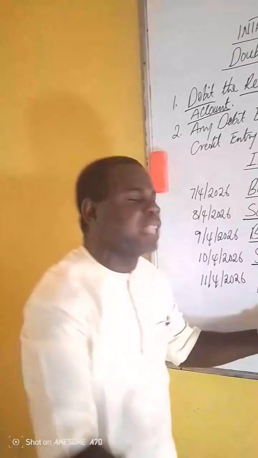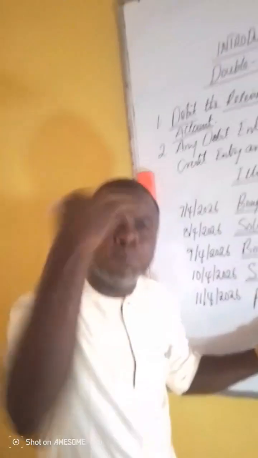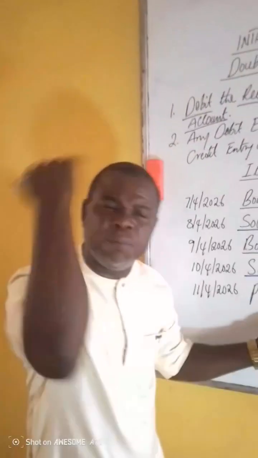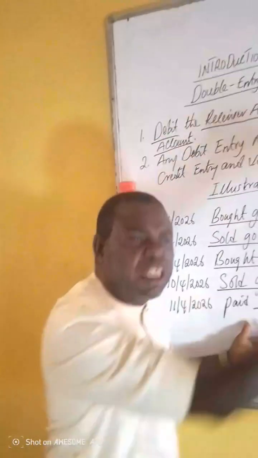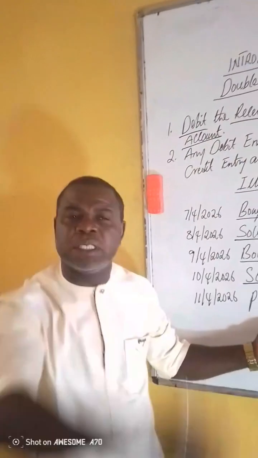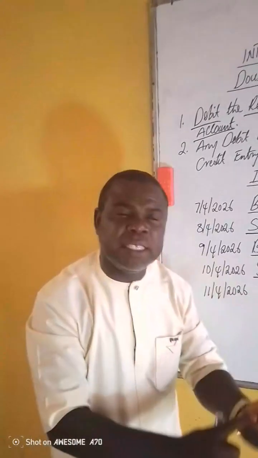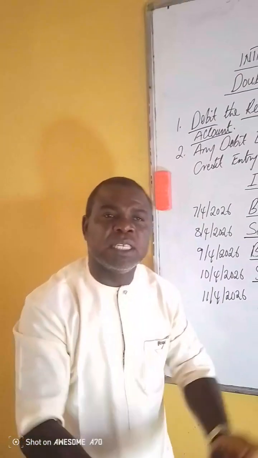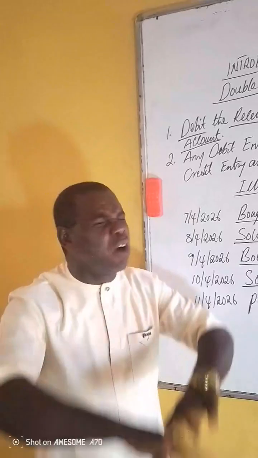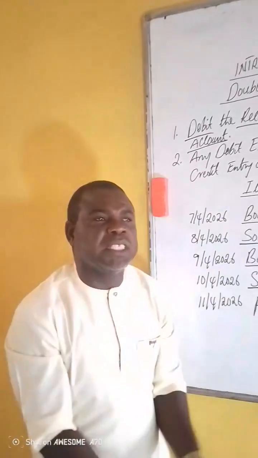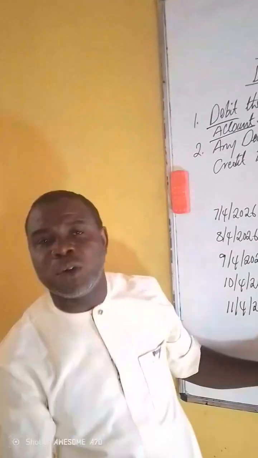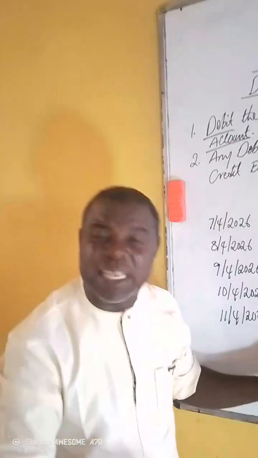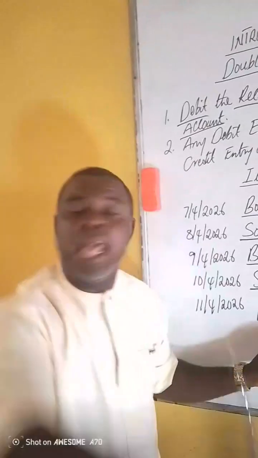So I want to categorize and say that all services paid by the business are debited because the business is giving out money and the services are being received. Then we conclude that all expenses are debited. All expenses paid for are debited.